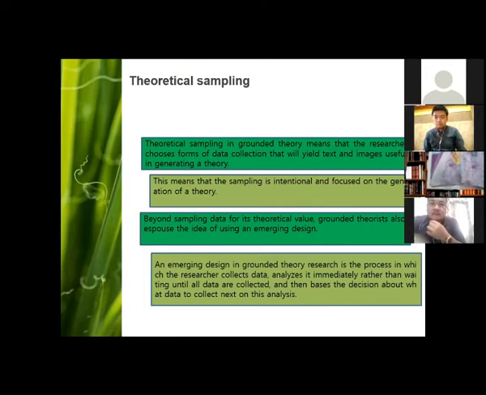This is the process in which the researcher collects data, analyzes it, and then bases the decision about what data to collect next on that analysis, until all the data are collected. This is the step of how to determine theoretical sampling in grounded theory research.